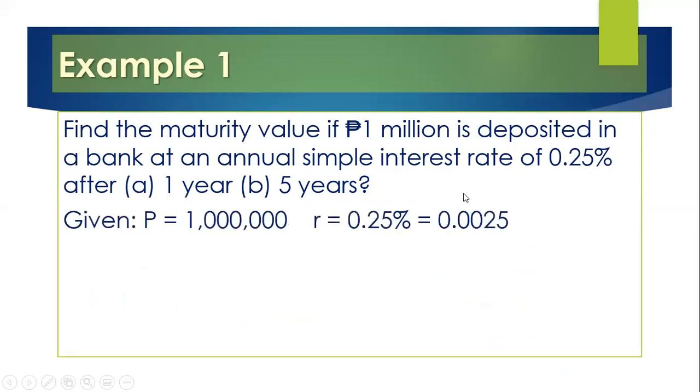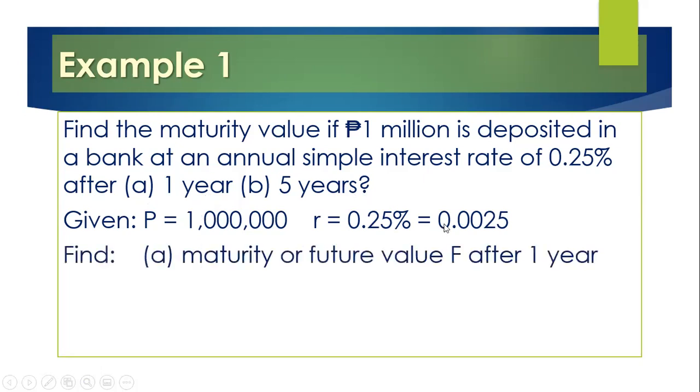Okay, given P is equal to 1 million pesos, then R is 0.25% or 0.0025. So magkaiba yung years natin. So dito muna tayo sa letter A. After 1 year, so T is equal to 1 muna. So letter A, what is the maturity value or future value F after 1 year?